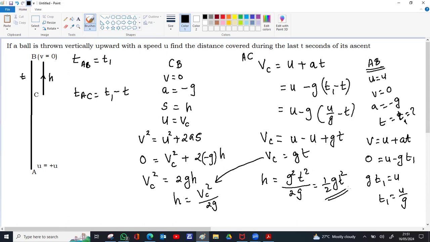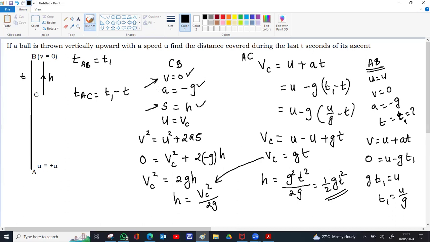So the only point to be clear about is that we have to analyze the section CB, where you need to find h. Once you analyze CB, you have v as 0, a as minus g, s is h, which is what you need to find. From these, v and a we have, and s you need to find.